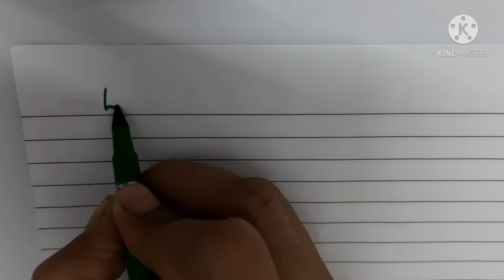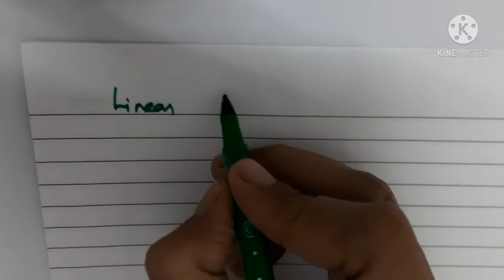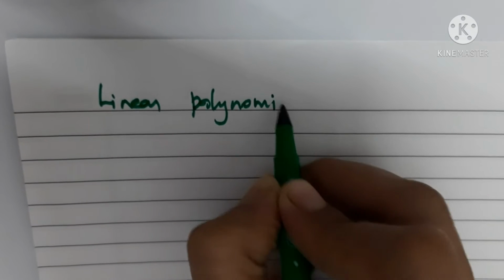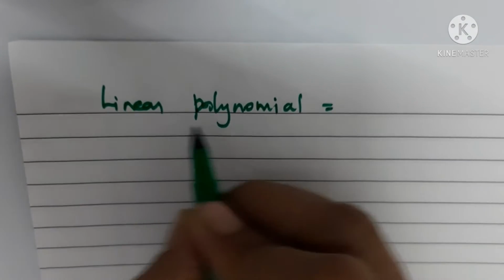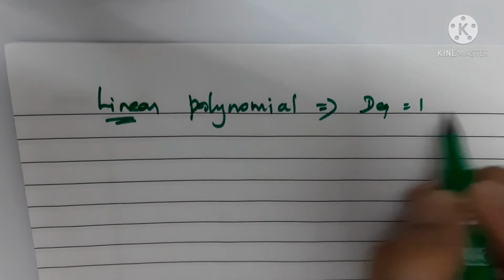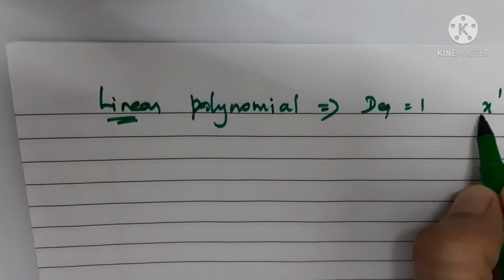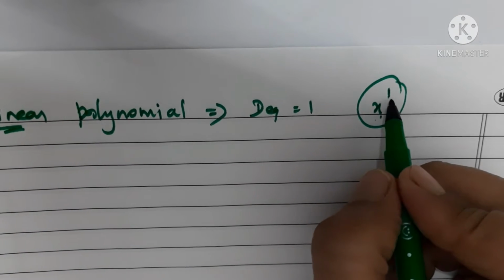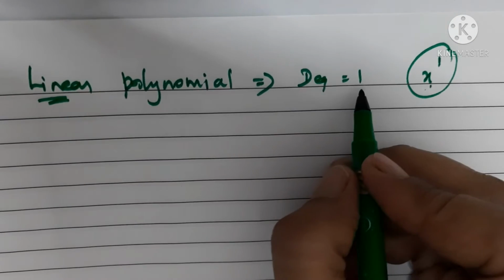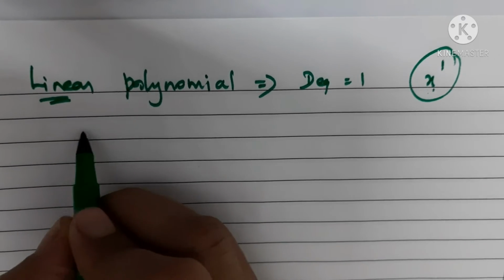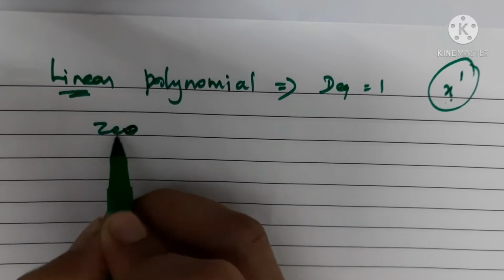For a linear polynomial, the degree is going to be 1, that means the highest power of the variable will be 1. In such cases, the 0 of the polynomial will be only one in count.